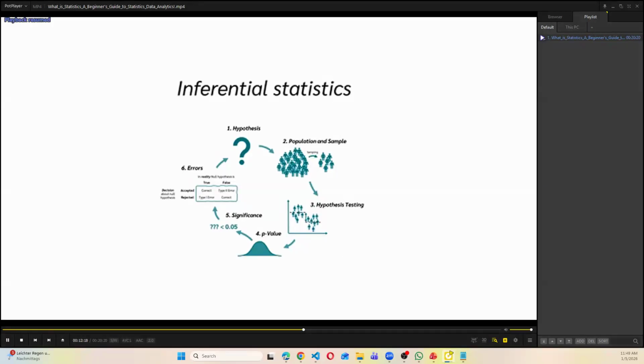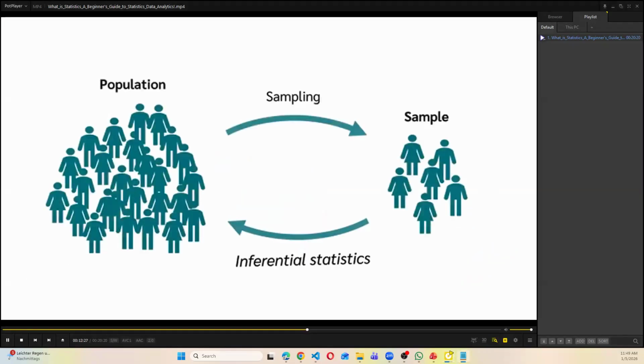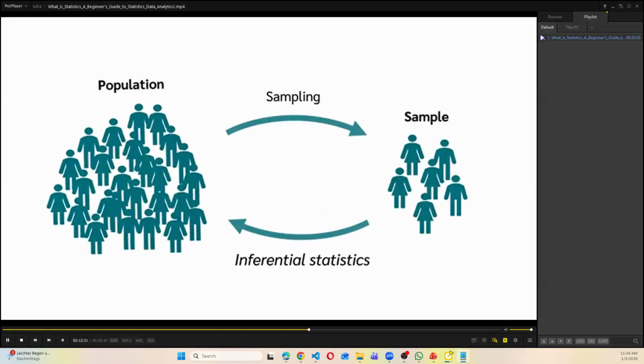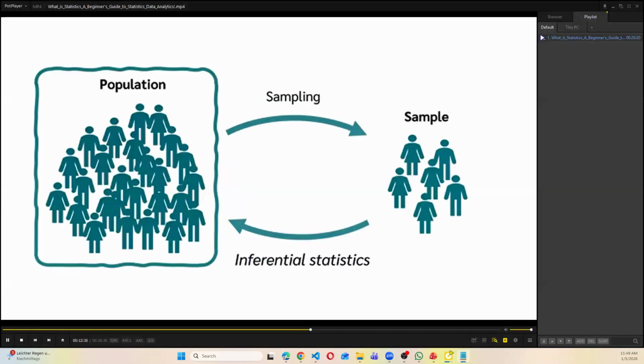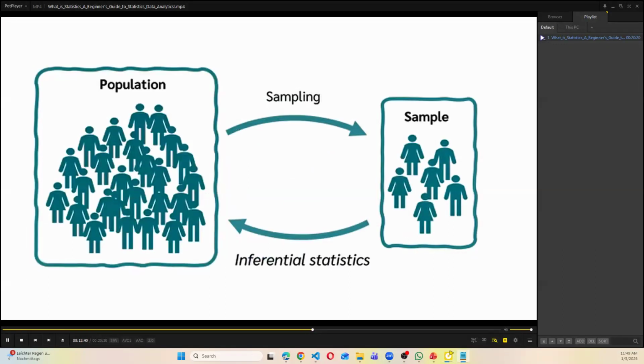What inferential statistics is, and then I'll explain the 6 key components to you. So what is inferential statistics? Inferential statistics allows us to make a conclusion or inference about a population based on data from a sample. What is the population and what is the sample? The population is the whole group we're interested in.